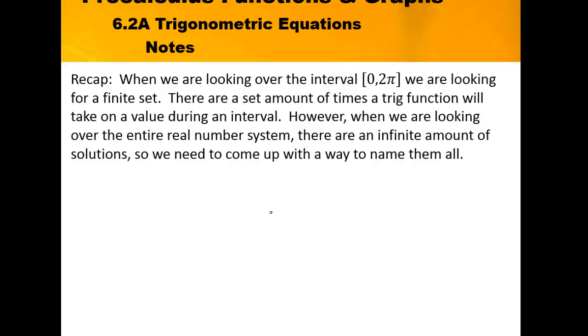But if we're looking over the entire real system, we're looking for an infinite amount, and so we have to come up with a better, more mathematical terminology for expressing all of those solutions, so that if I told someone who really knew not that much about pre-calculus or trig, they would know when we would get these solutions all the time.